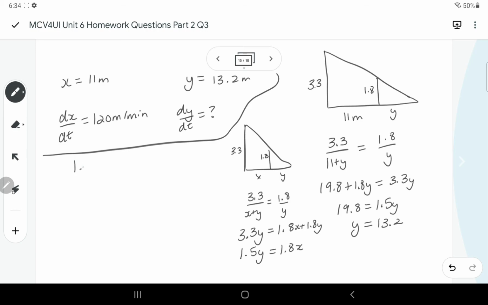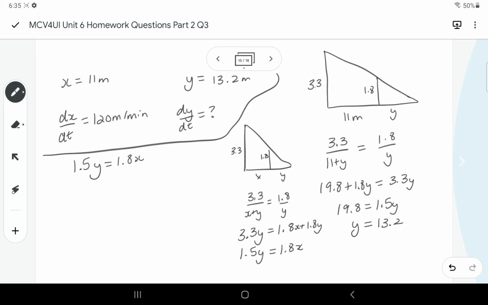So this is my relationship, 1.5y equals 1.8x. That's always going to be the relationship between the two.